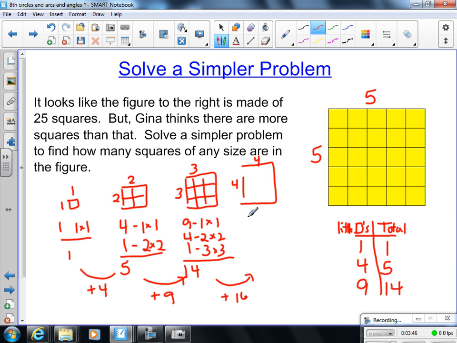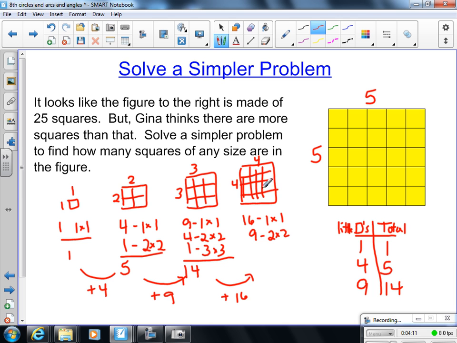Okay, let's try it. If we have a 4 by 4, how many little ones? We're going to have 16 little ones. Then how many 2 by 2s? 1, 2, 3, 4, 5, 6, 7, 8, 9. Okay, 9 2 by 2s.